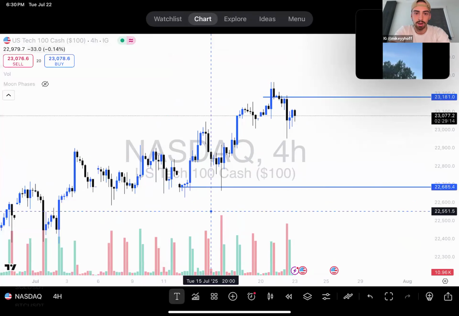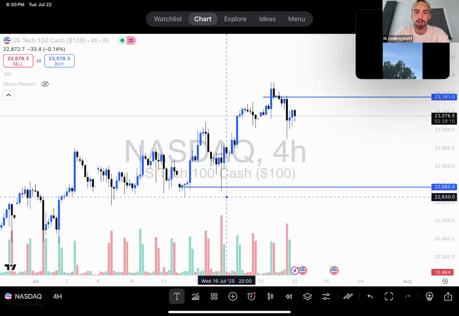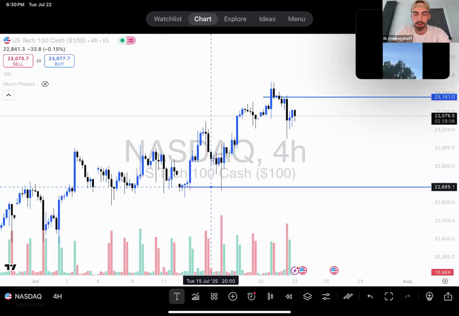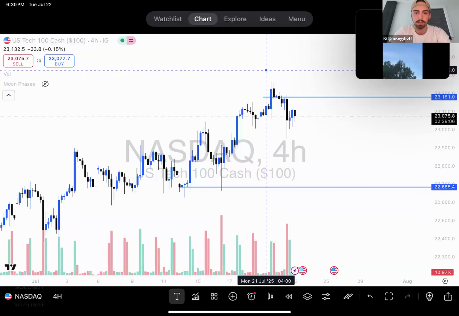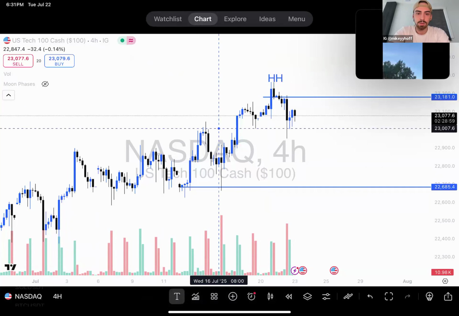So now let's find our zones, or let's find our highs and lows, the three most recent highs and lows of this chart in our zone, right? So right away, we can go here, and we see that we have a higher high, right?